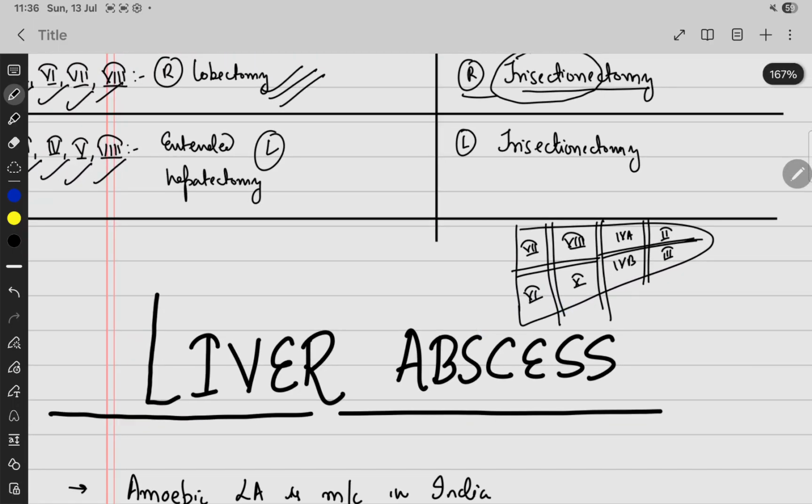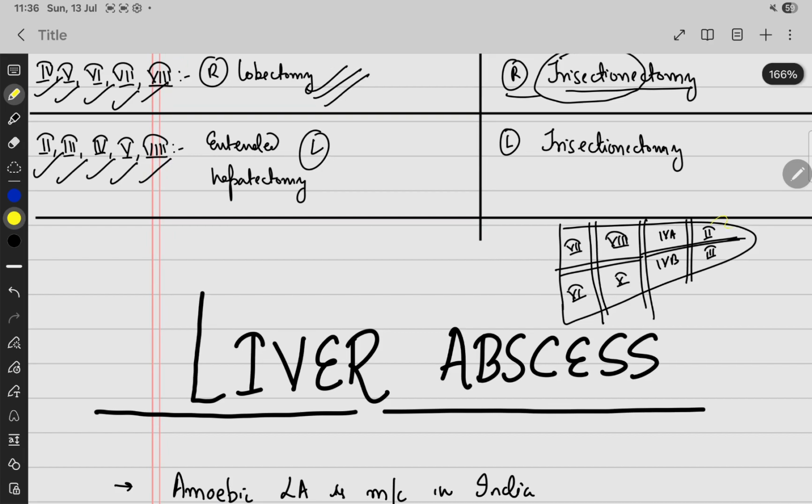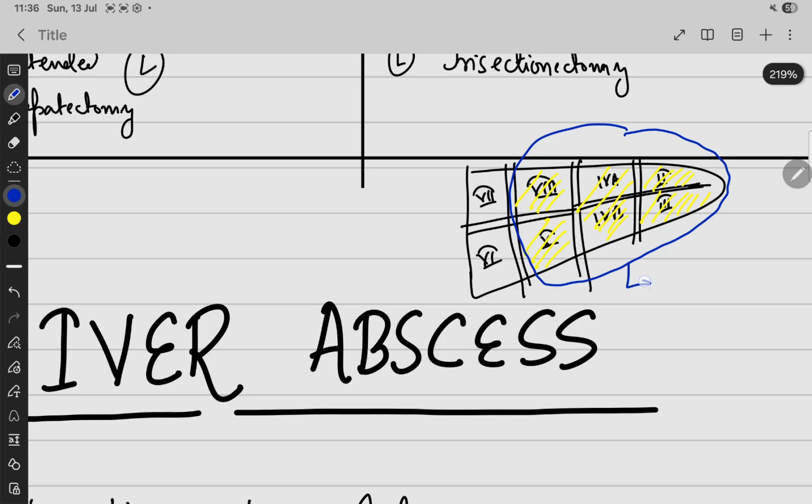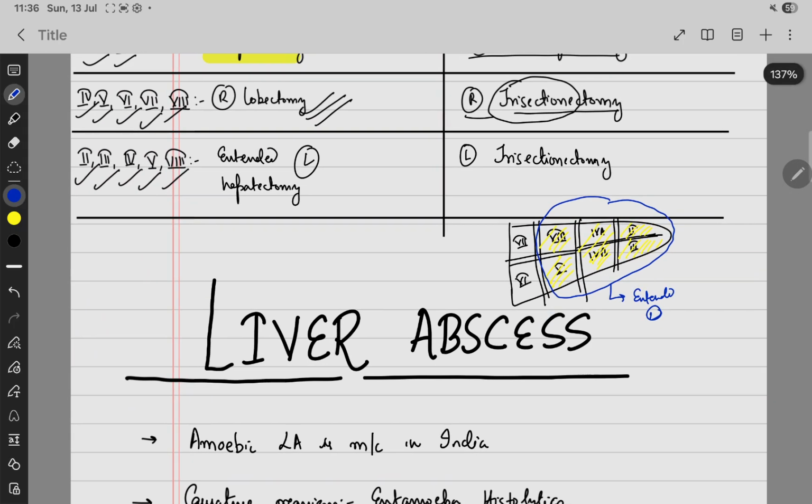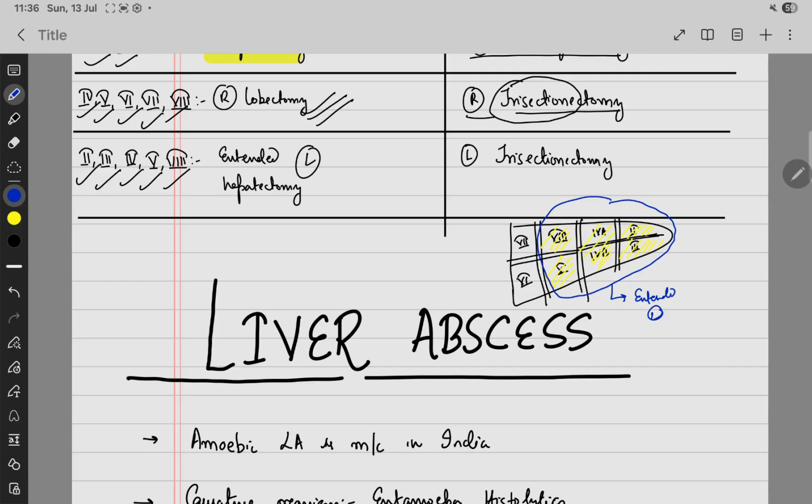If you're removing segment 2, segment 3, segment 4, segment 5 and segment 8, we're removing this whole part of liver. So this is an extended left hepatectomy. Extended left hepatectomy. Why extended? Because if you remember, left hepatectomy according to Couinaud was up to this. Since we're extending up to segment 8 and segment 5 as well.